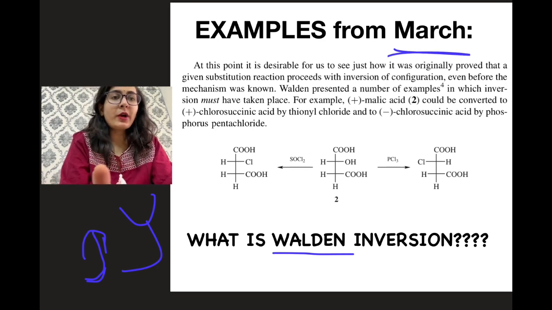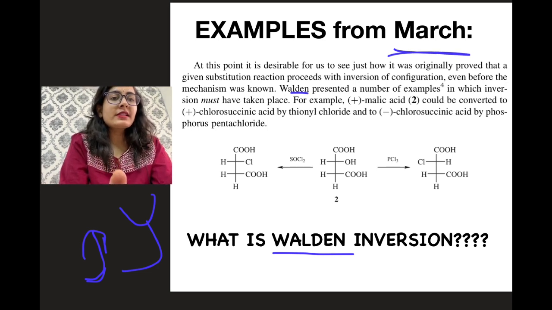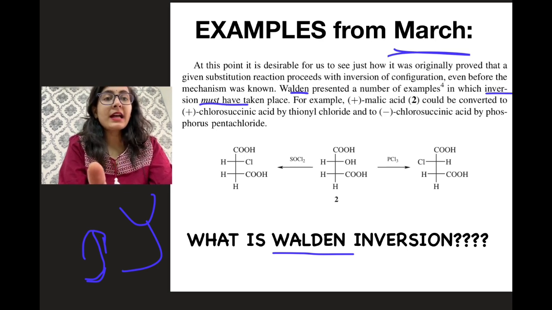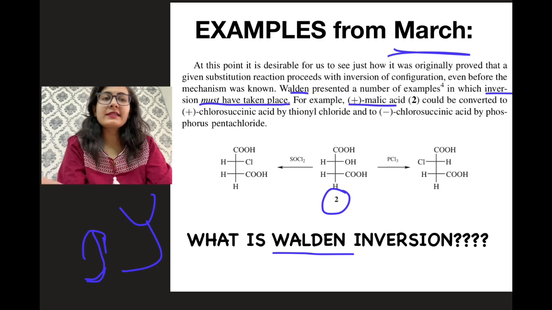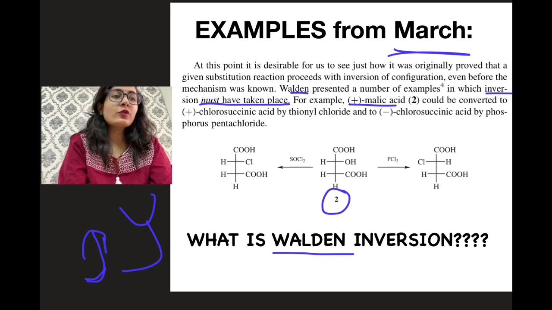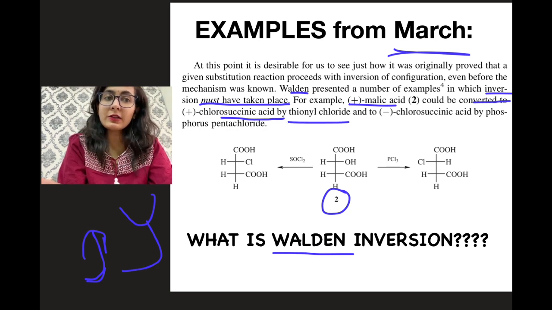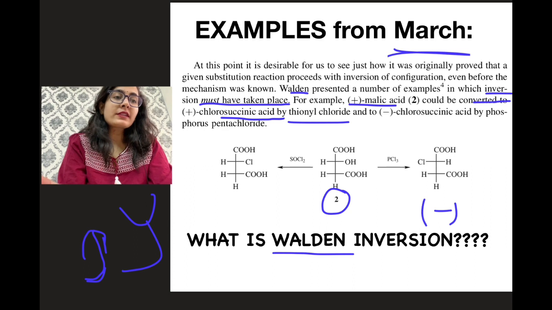Now at this point, see, Walden presented a number of examples in which inversion must have taken place. For example, plus malic acid, which is this one. How do we know plus or minus? That is experimental. This could be converted to plus chlorosuccinic acid by thionyl chloride SOCl2 and minus chlorosuccinic acid by phosphorus pentachloride.